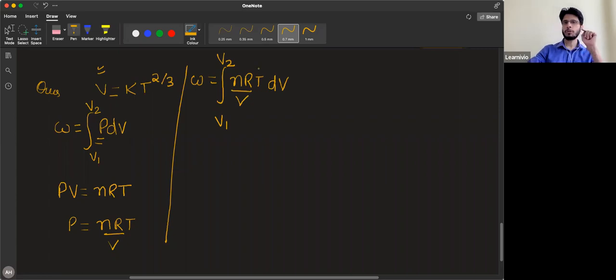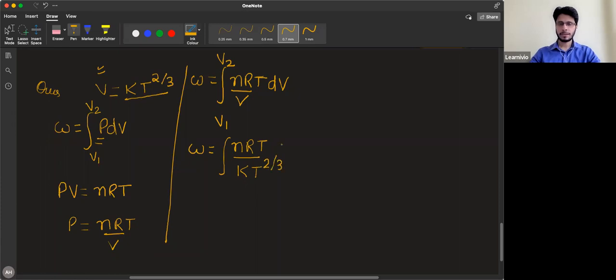Now, there is one small problem. This integral has two variables, one is temperature and another is volume. So you will substitute V as kT to the power 2 by 3. Instead of V, I'm writing kT to the power 2 by 3, and then dV. The limit is also given.